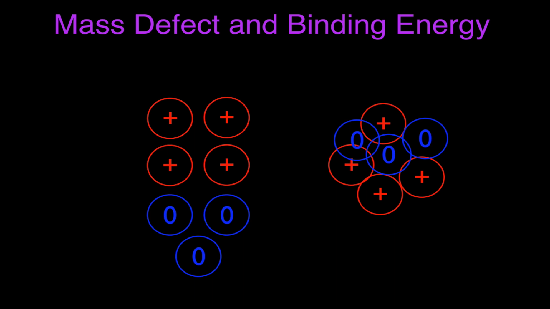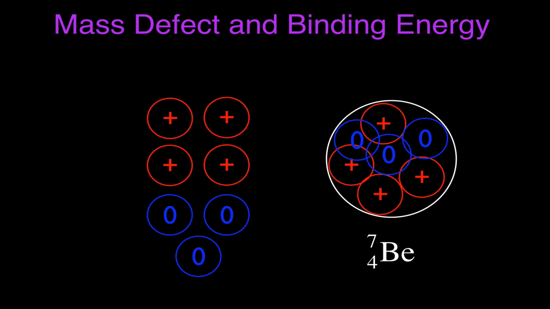And when we do that, we lose some mass. The mass of the nucleus is less than the mass of the individual constituents. So we have the mass before, which is the individual constituents, and the mass after, and that mass after is less.